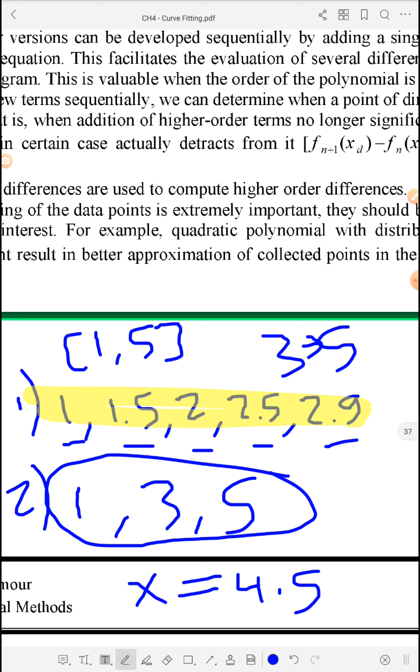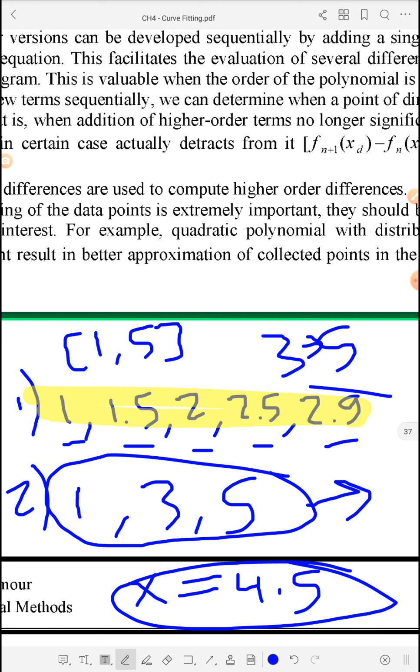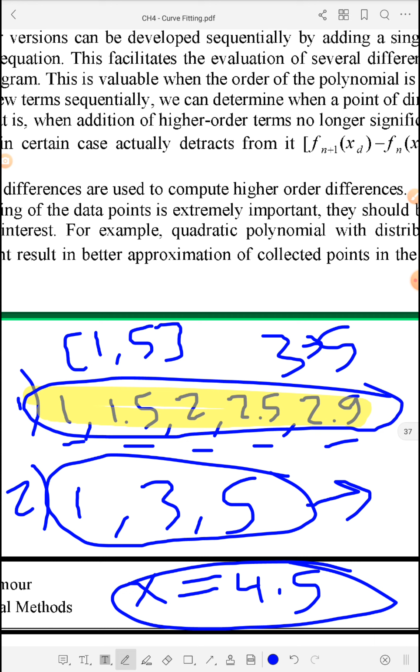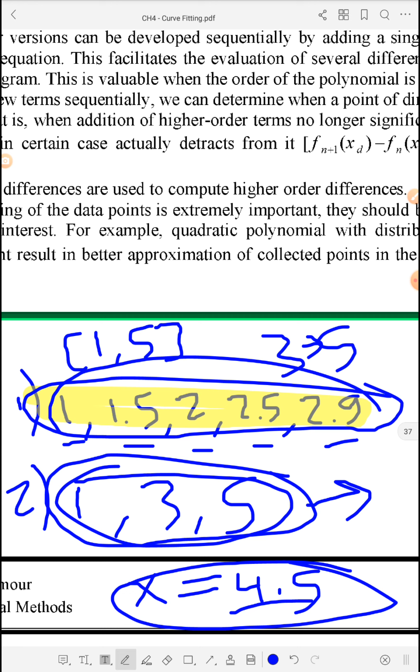So the value of the function from the polynomial with fewer but well distributed data points at x equal to 4.5 will be better than the value of the polynomial of order 4 at x equal to 4.5. So a second order polynomial will have a better approximation than a fourth order polynomial.